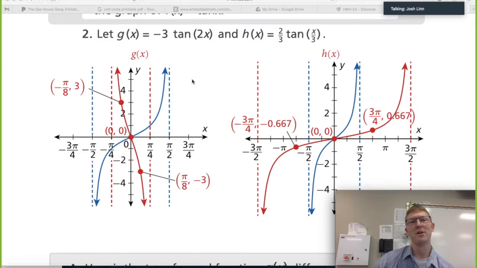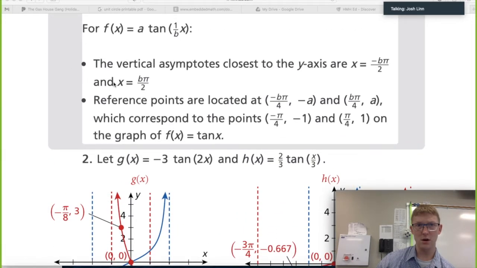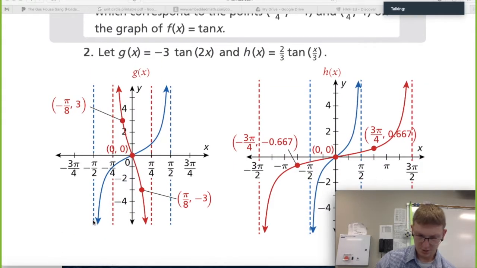Anyway, moving on. Step 1: our parent function is this blue graph, so that's what our normal tangent looks like. Our new graph looks like this right here. Notice how there are reference points. On our parent function, the reference points are at y equals negative 1 and 1, one right here and one right there.